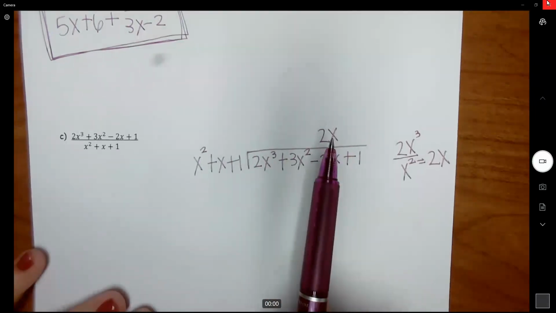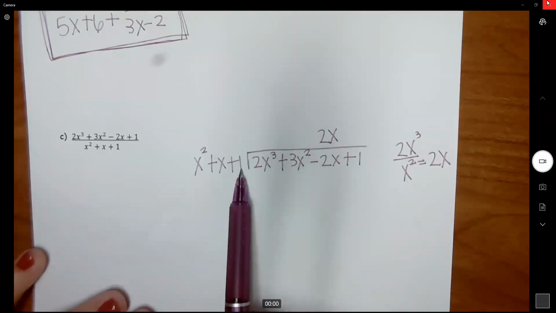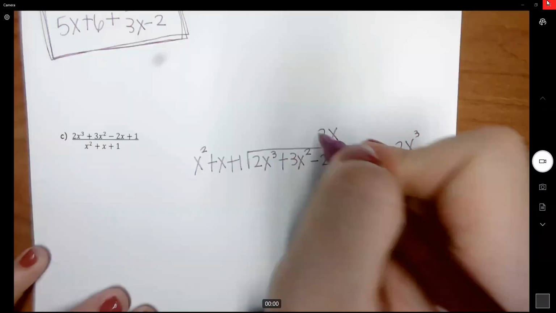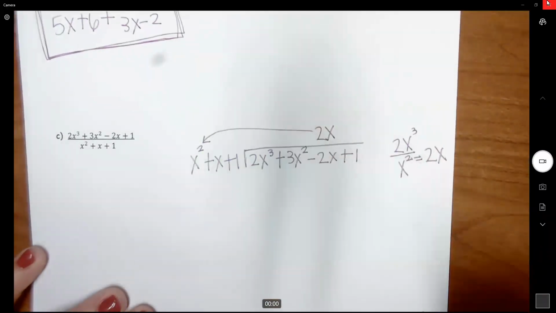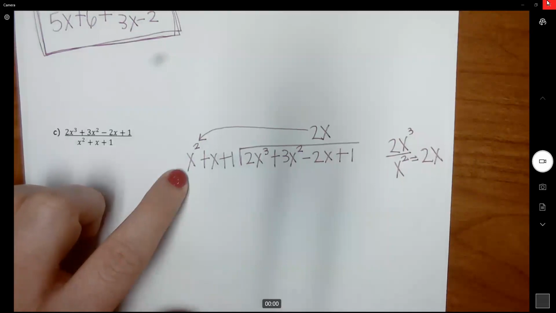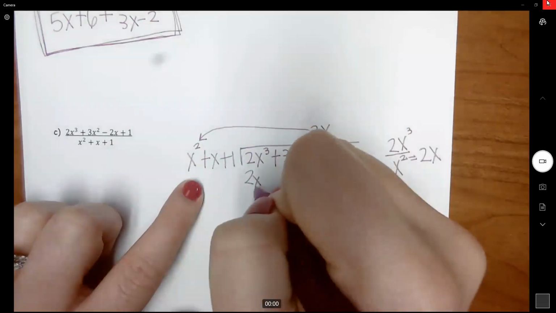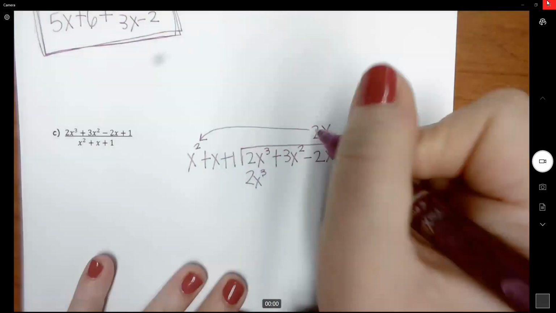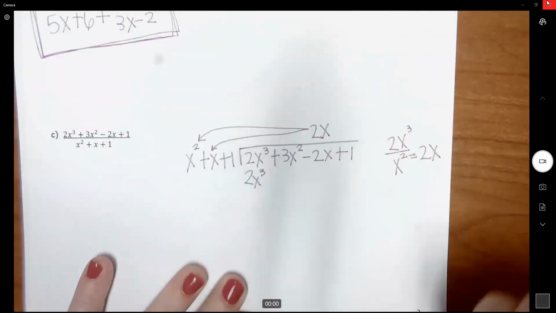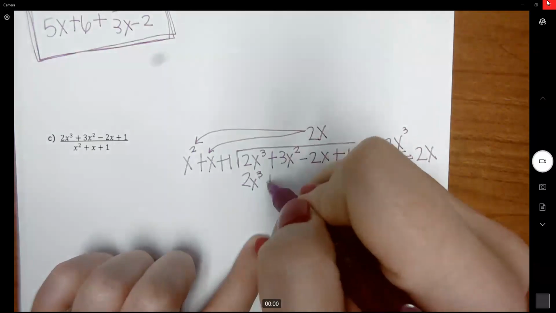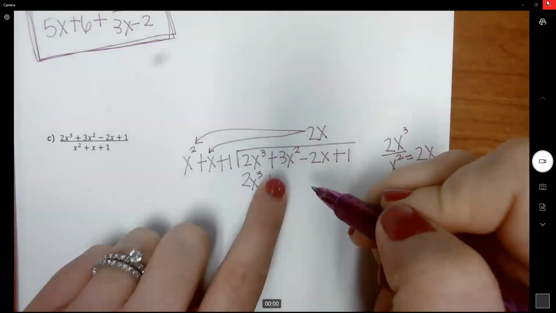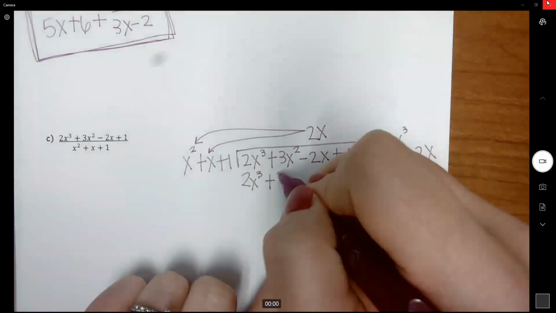Distribute it back, and when you distribute, you're now doing 2x times 3 terms. So 2x times x squared is 2x cubed, needs to go under my cubes. 2x times x is 2x squared, which needs to go under my squareds.